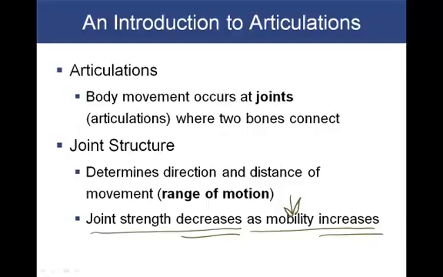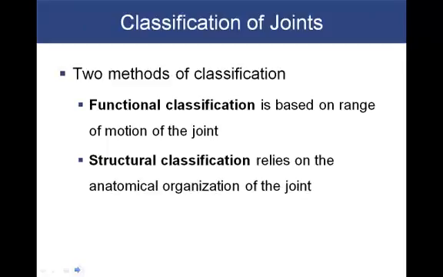You hear of individuals dislocating their shoulder due to the strength of that particular joint. You never hear of someone dislocating the sagittal suture. So the strength of the joint is very tightly tied to the mobility of that joint. We can classify joints two ways.